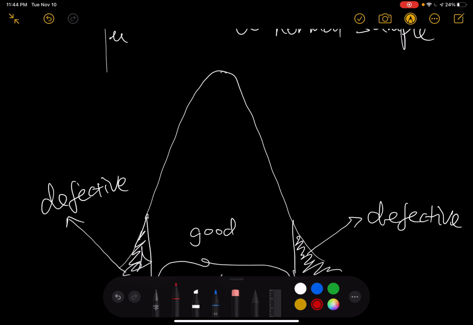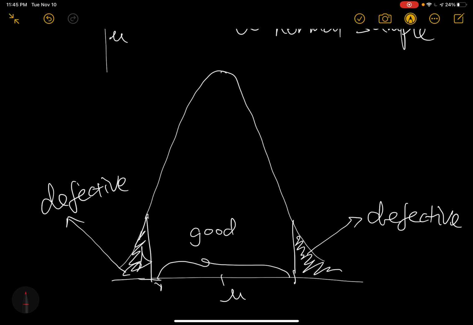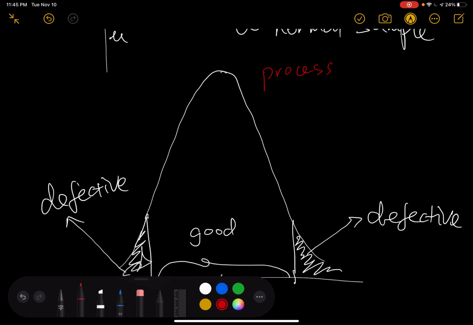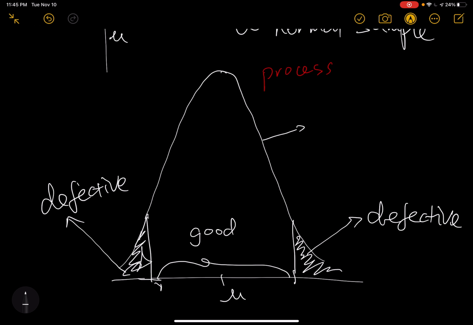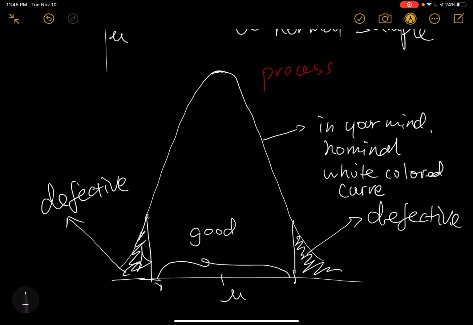Now, if this is your process, if this is, in your mind, nominal, in other words, you think the entire output will follow this white curve, normal distribution, fine.